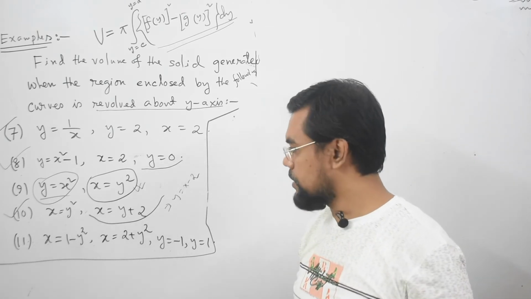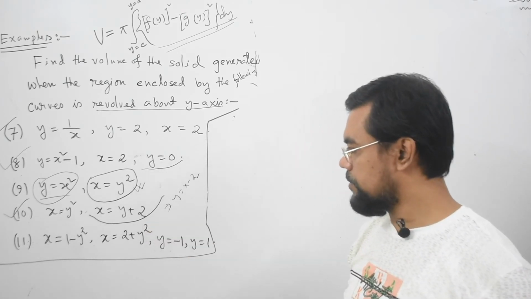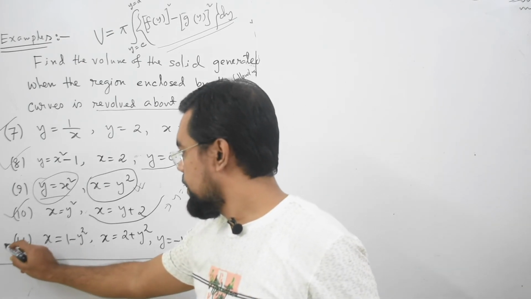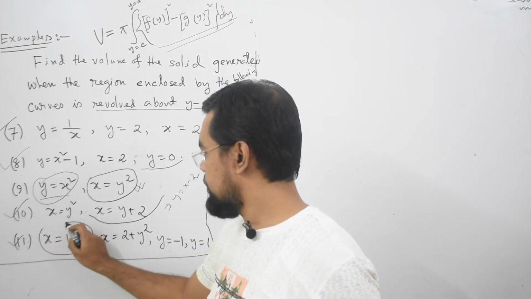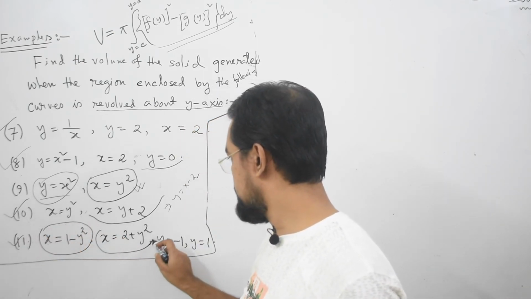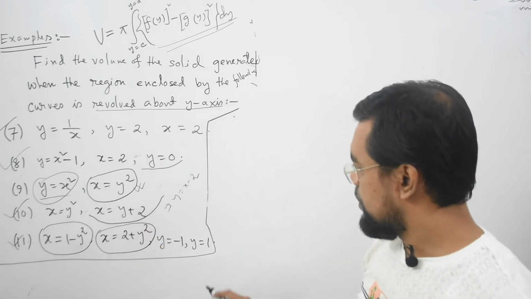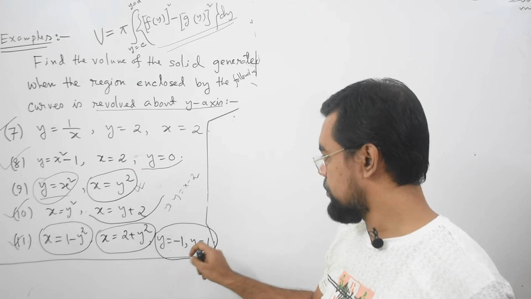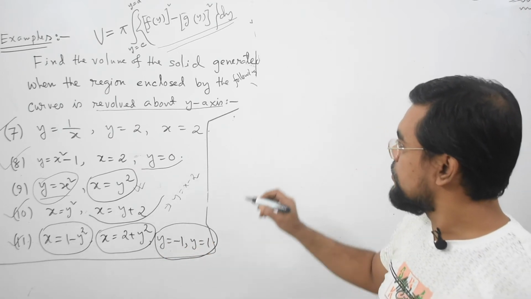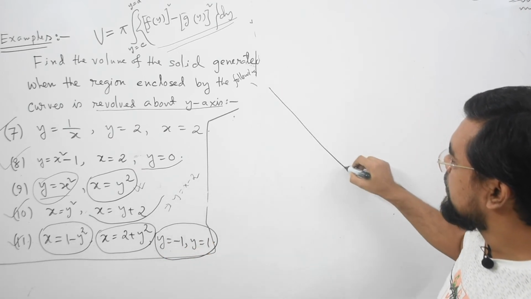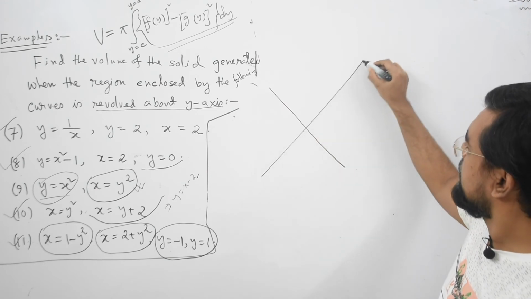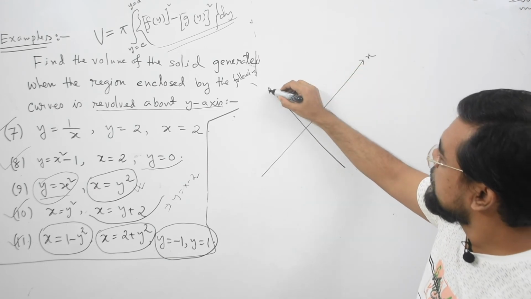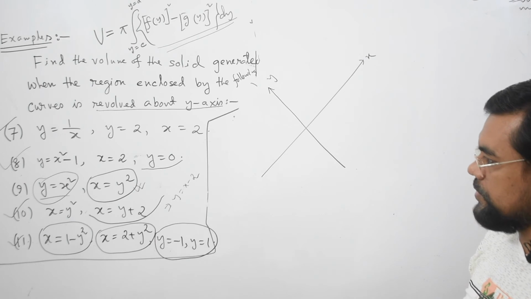So now let us try the other example, example 11. Here we have three equations, and the limit for y is from minus 1 to 1. So let me first sketch the graph. This is our x-axis, this one is our y-axis.